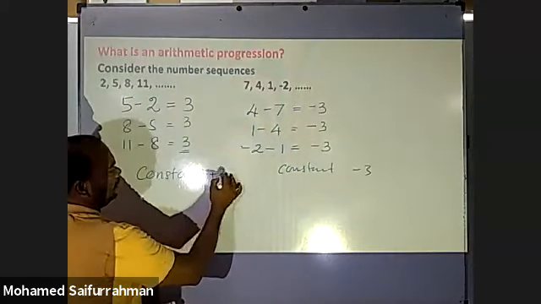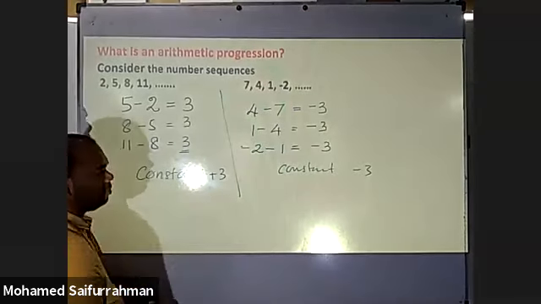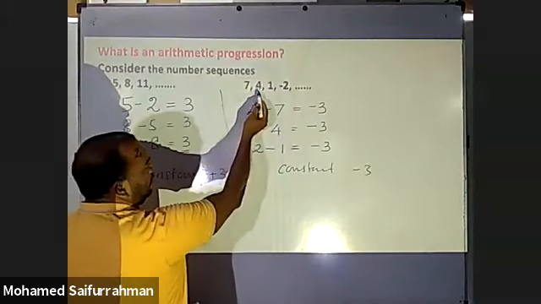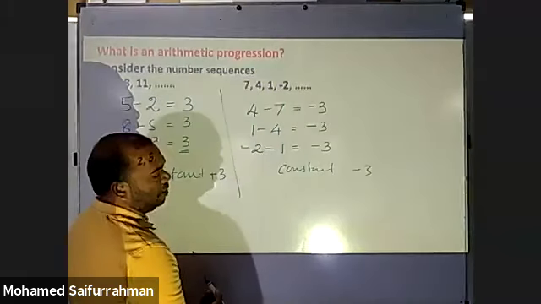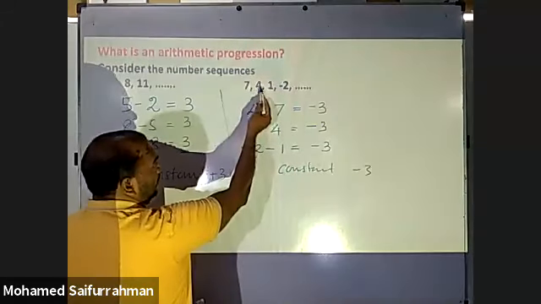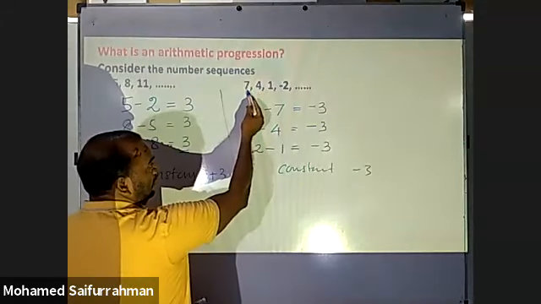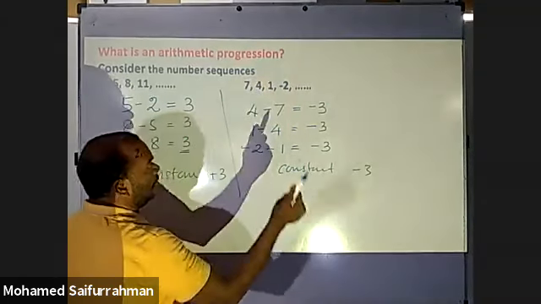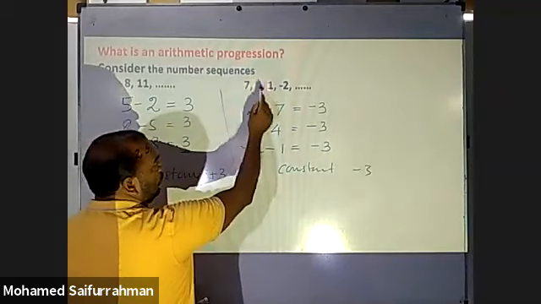Here it is plus 3. Anyhow, in a number sequence, when you calculate the difference between two terms, mind you, it is any term minus the preceding term. You can't subtract 7 minus 4, then 4 minus 7.